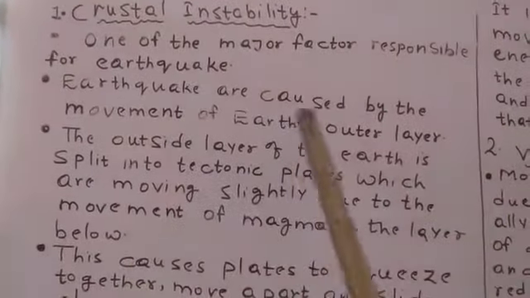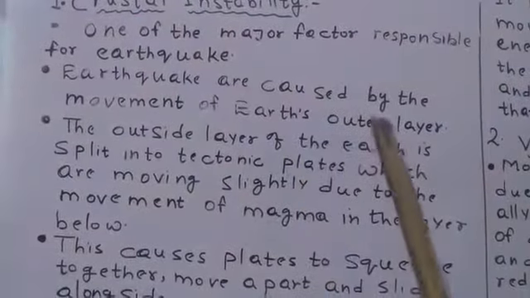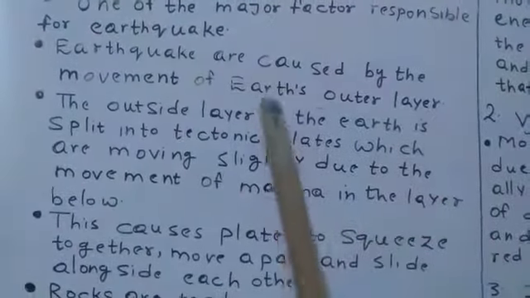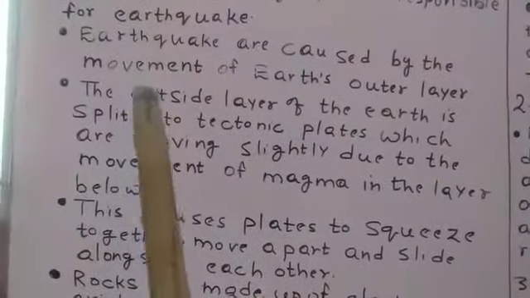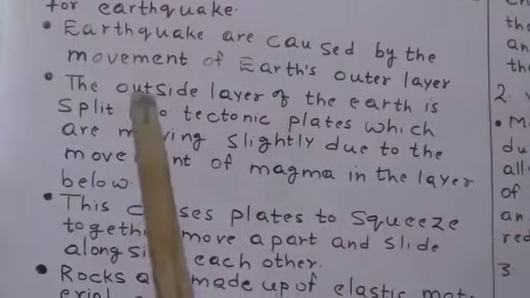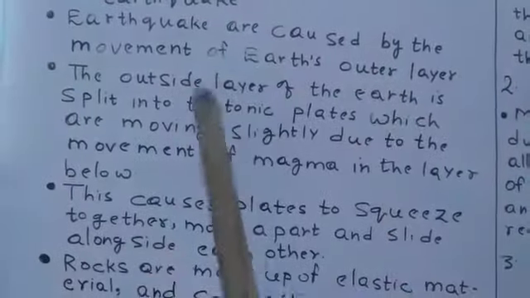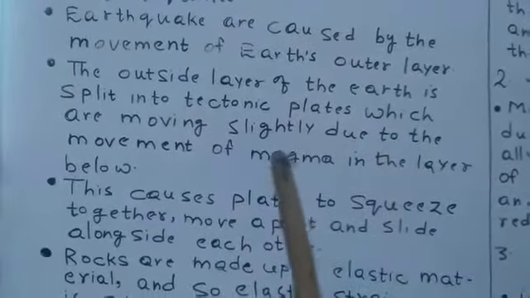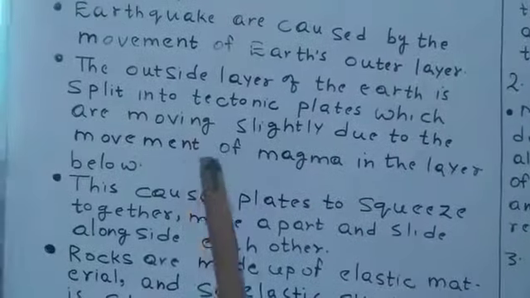Earthquakes are caused by the movement of the earth's outer layer. When there is a movement in the earth's outer layer, an earthquake is caused. Then we'll see what actually happens. The outside layer of the earth is split into tectonic plates which are moving slightly due to the movement of magma in the layer below.